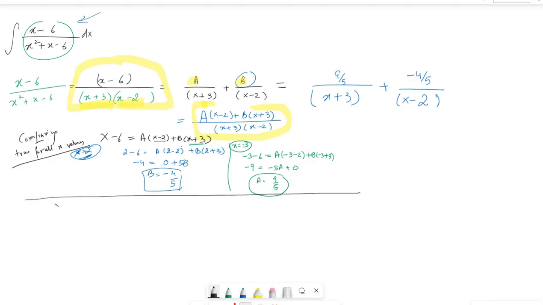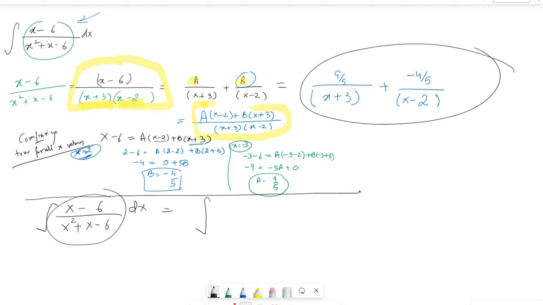Now, our goal was to solve this integral. What partial fractions does is say that this fraction can be replaced by this instead. So I'm going to take 9 by 5 out, integral 1 by x plus 3 dx, minus 4 by 5 out, integral 1 by x minus 2 dx. So instead of that fraction, I can convert into this.